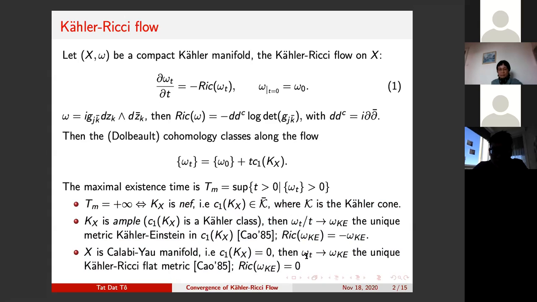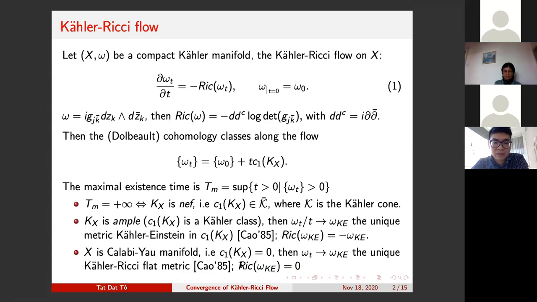And then without normalization, we can see that omega_t will converge to a Ricci-flat metric, a Kähler Ricci-flat metric. That means the Ricci curvature of this metric is 0. So this gives the existence of a Kähler Ricci-flat metric on a Kähler-Calabi-Yau manifold using the flow approach, the Kähler-Ricci flow approach.